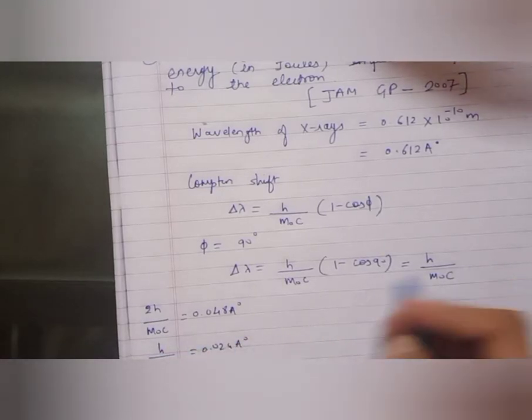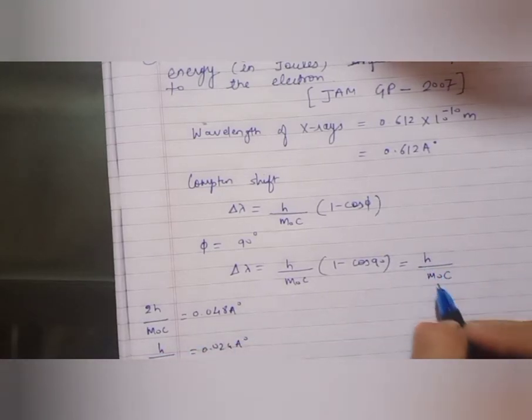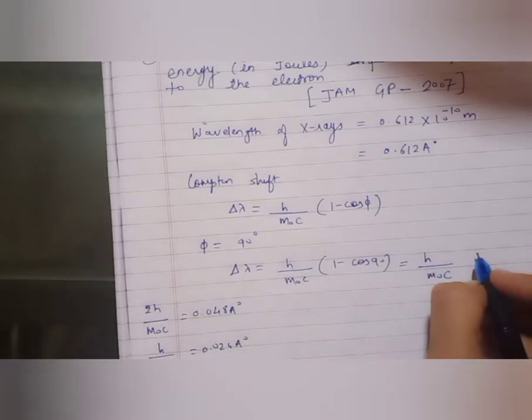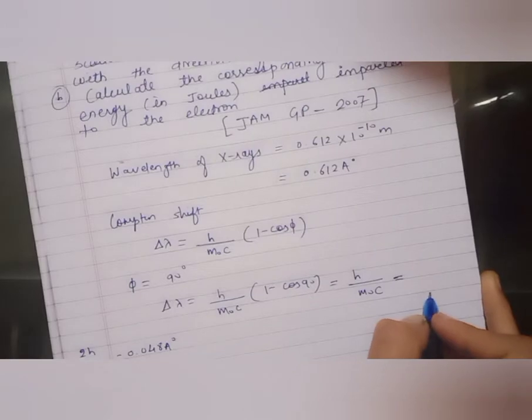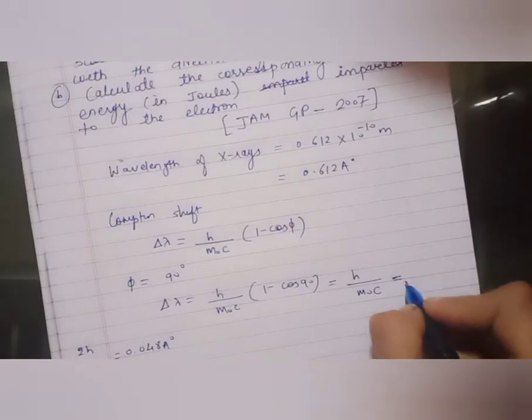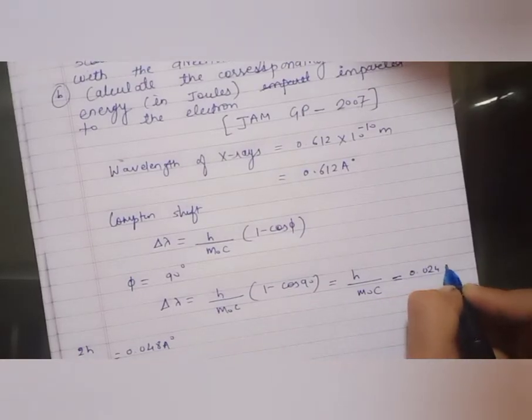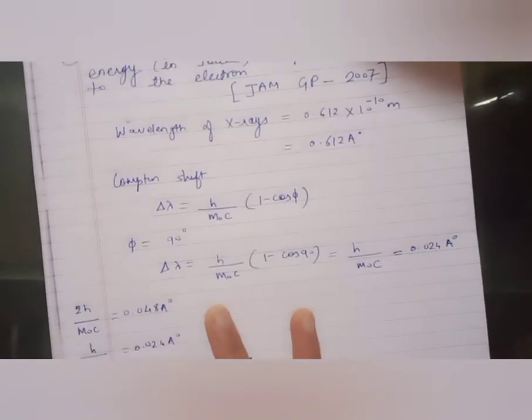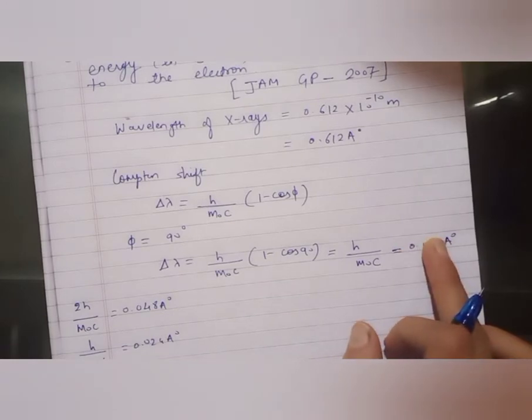In most of the numericals you need either h upon m0c or 2h upon m0c, so remember just one value. No need to do these calculations every time. Once you start doing these numericals, automatically you will remember this value.